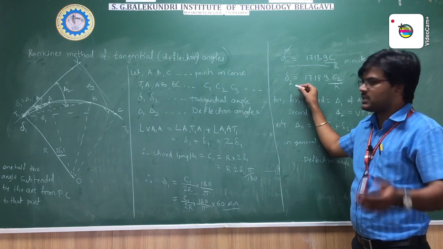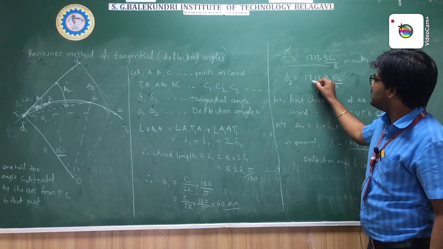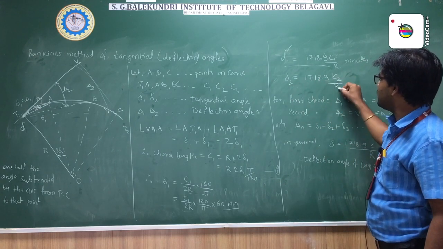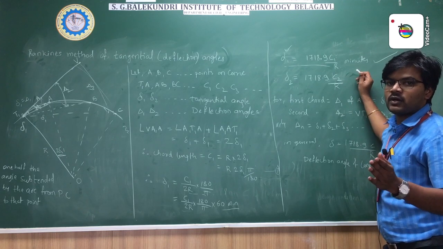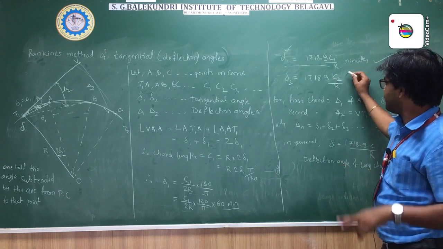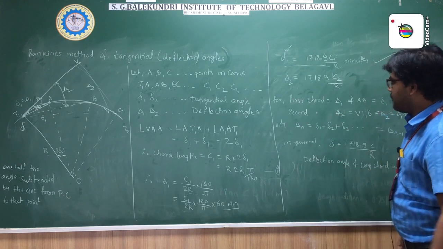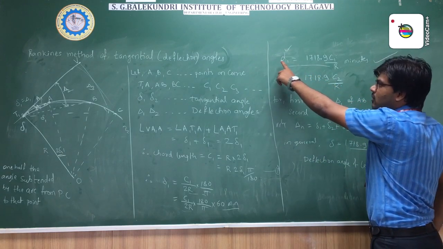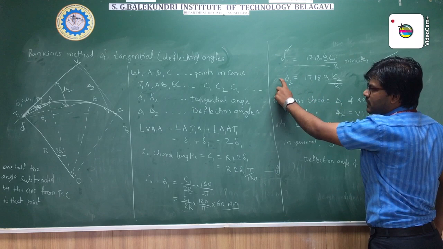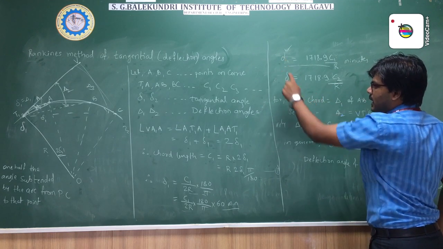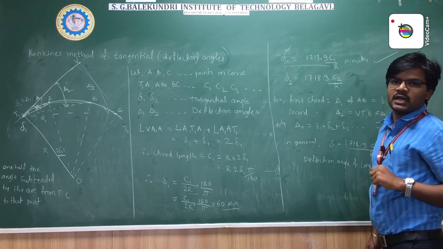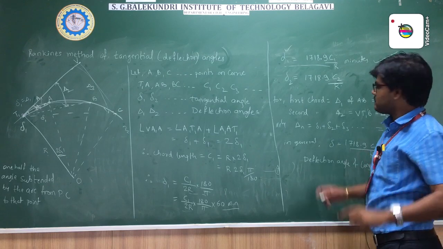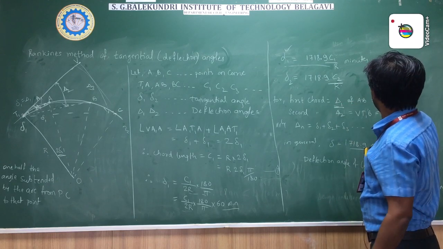Similarly, next delta 2 will be 1718.9 C2 divided by R, where you are going to consider the second chord. Knowing the tangential angle of delta 1 and the tangential angle of delta 2, I can calculate the deflection angle with respect to the first chord.